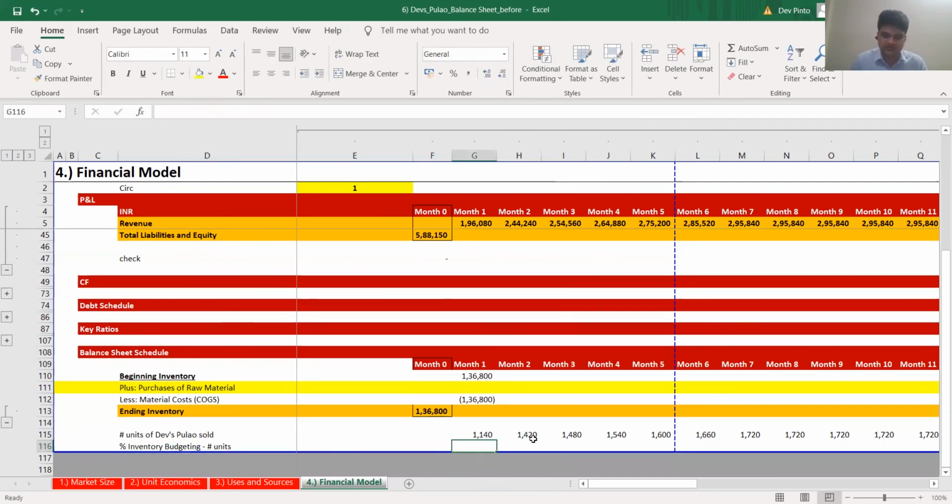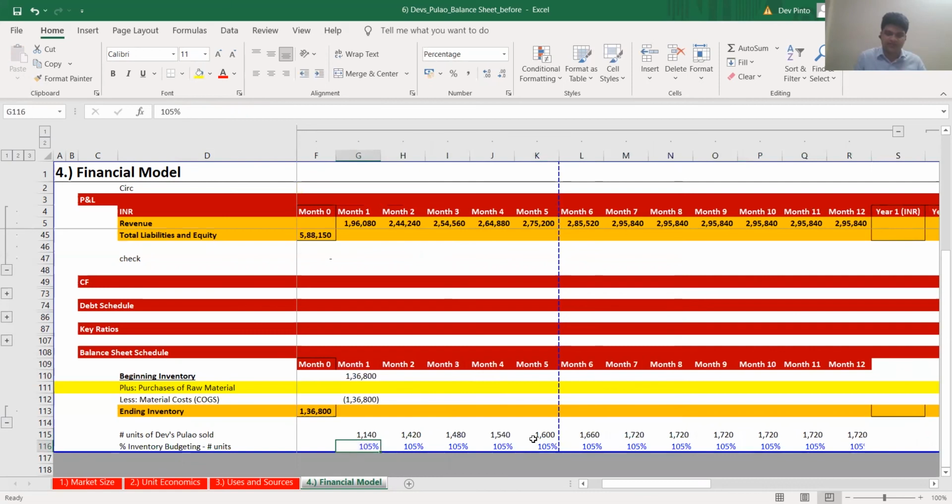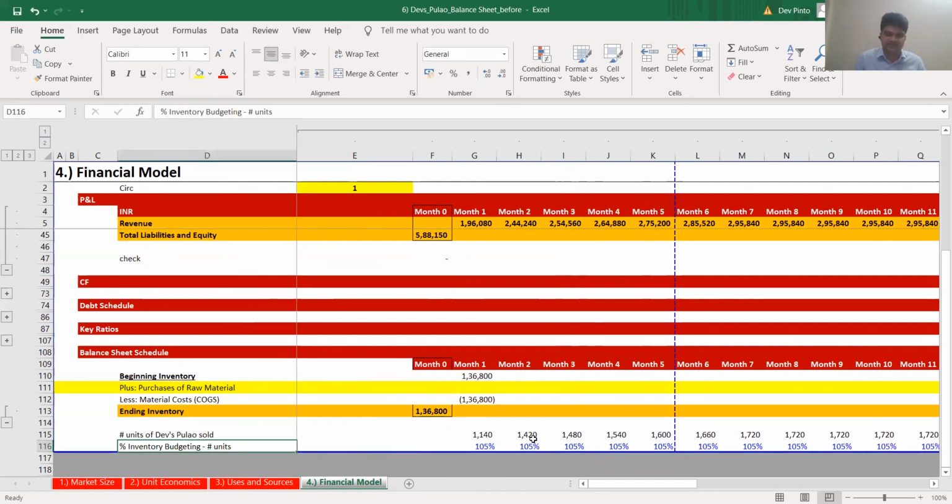What this number tells you is, at the end of this month, I think I might sell 1420 units of Pulao, but to be safe, let's buy slightly more inventory in case we sell more. It could be slightly less as well, but in this case, let's assume we take this at a factor of 105%. Now, let me explain what this 105% is.